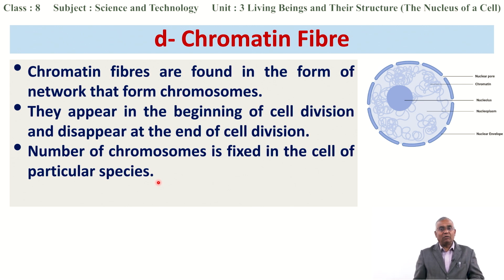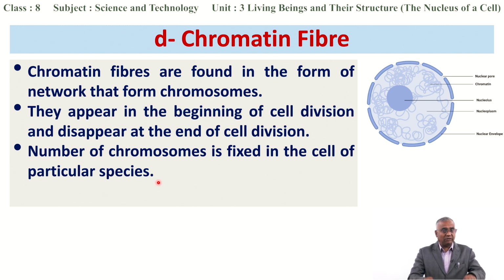The number of chromosomes is fixed in the cells of a particular species. In ours, what is the number of chromosomes we discussed? What was that? In each cell, 23 pairs, in each vegetative cell. And in our reproductive cells that participate in fertilization, like the ova and sperm, the number is just half of the total number in vegetative cells. That is only 23, not 23 pairs.